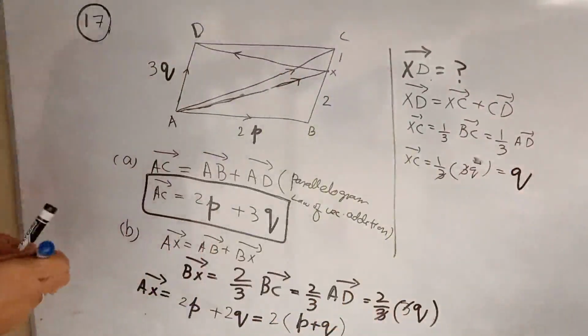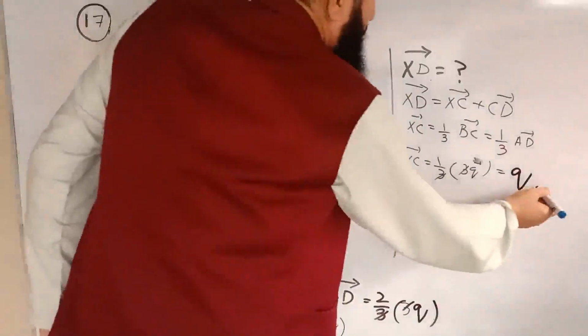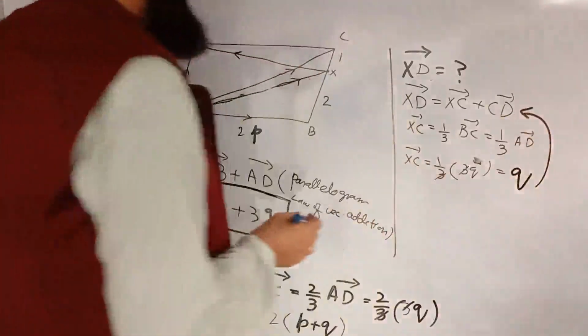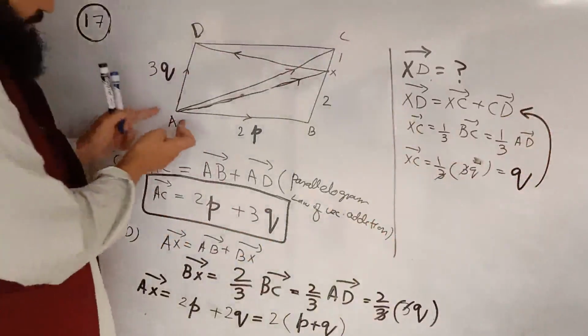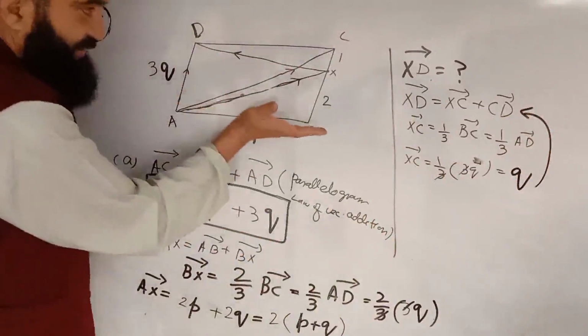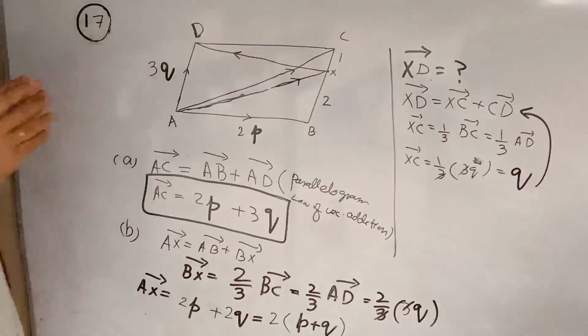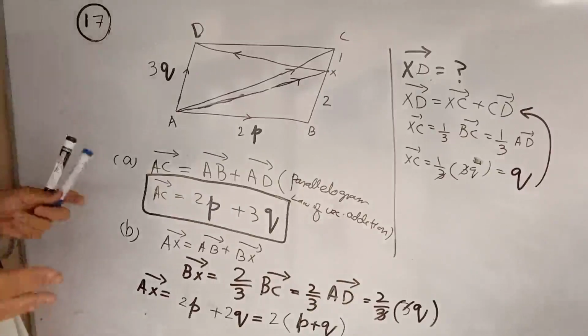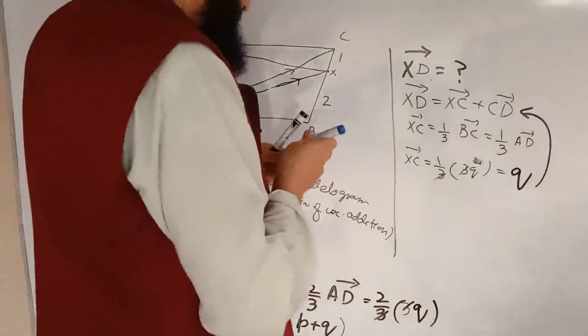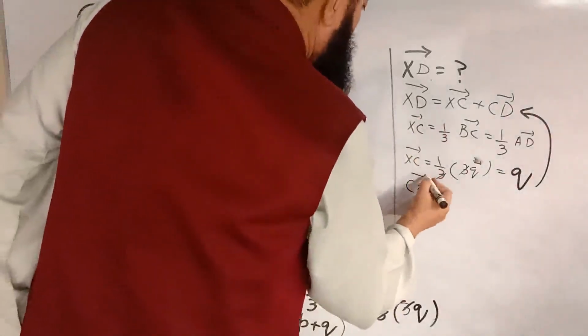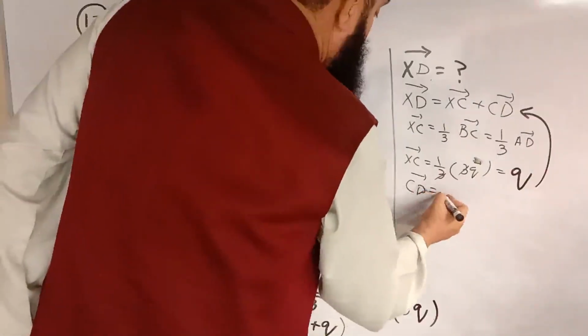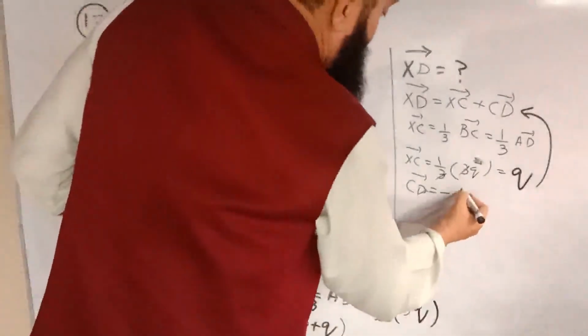Now we put all values here. And similarly, CD is equal to what? AB is in this direction, CD is in the opposite direction. They are negative vectors of each other. We write that CD is equal to minus AB.